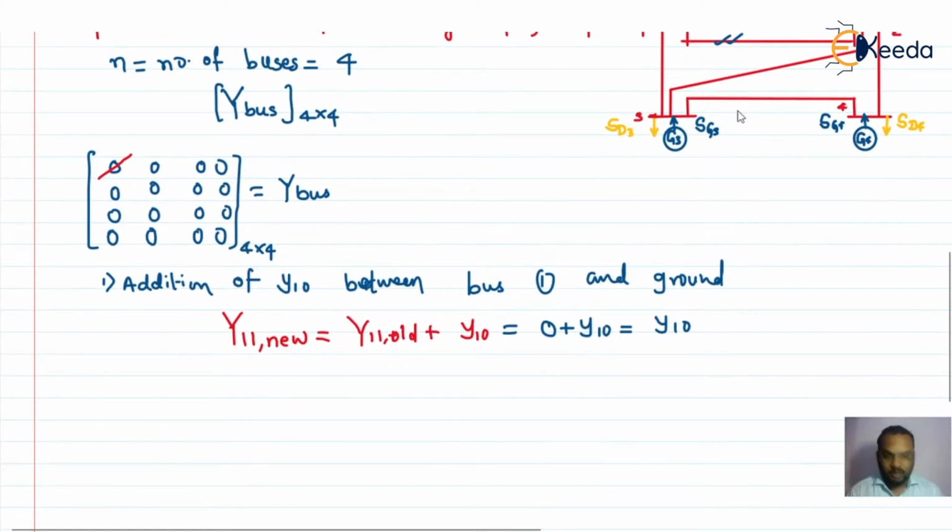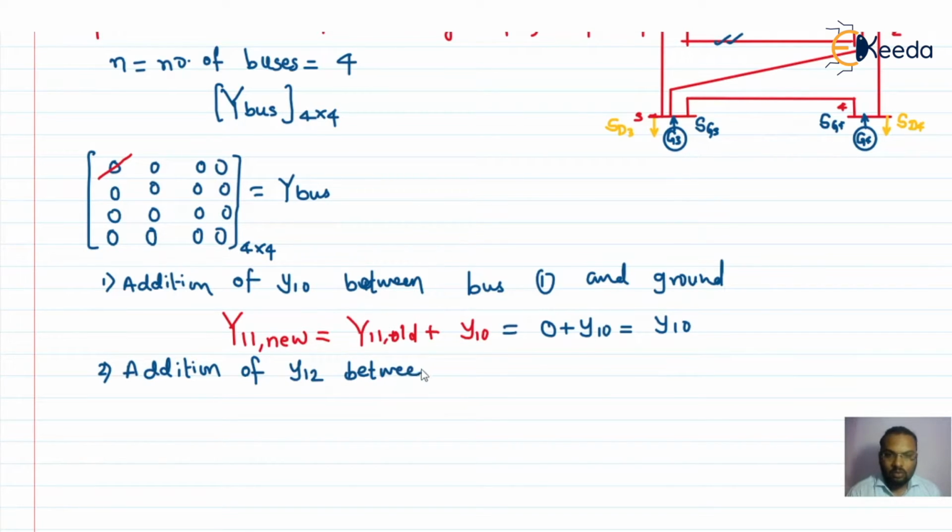Let us consider the addition of y12 between bus 1 and 2. As it is being added between two buses, of course, it will affect the four values.